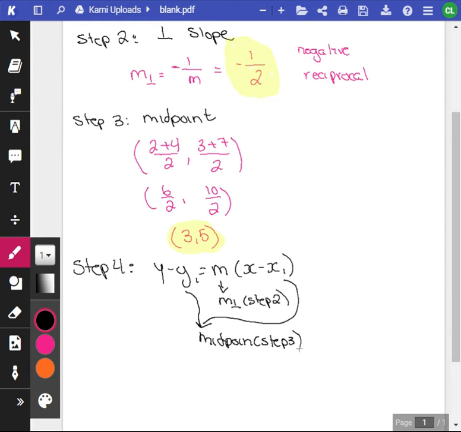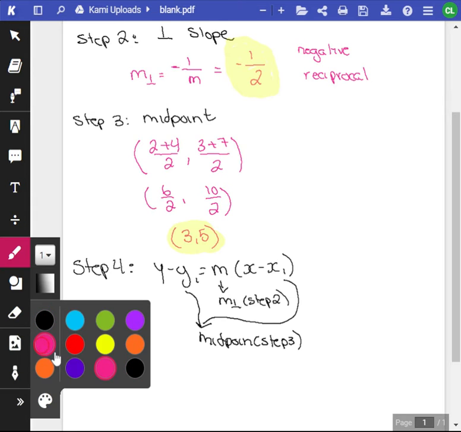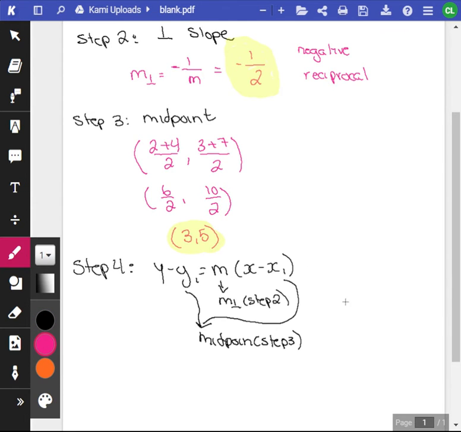So when we sub those in, we end up with, now let's write it down here, y minus, we want y1, the y coordinate of our midpoint, 5.